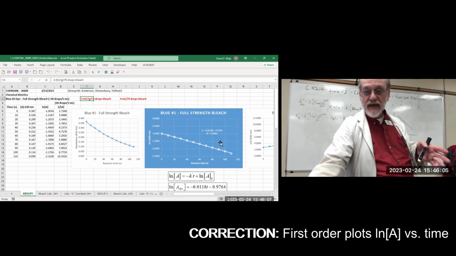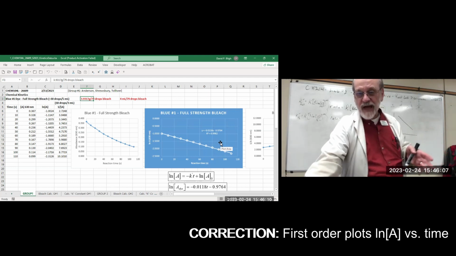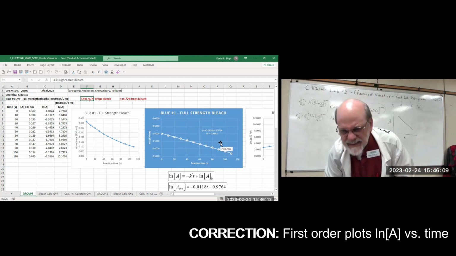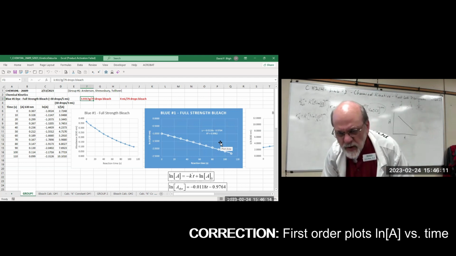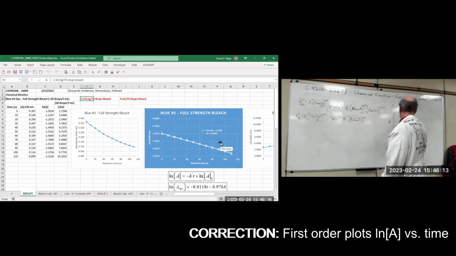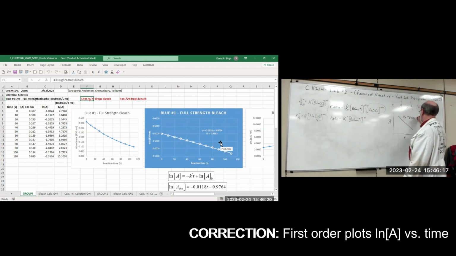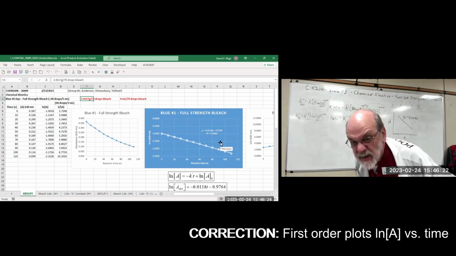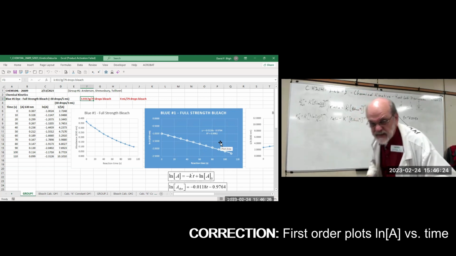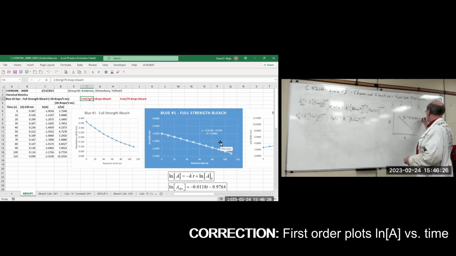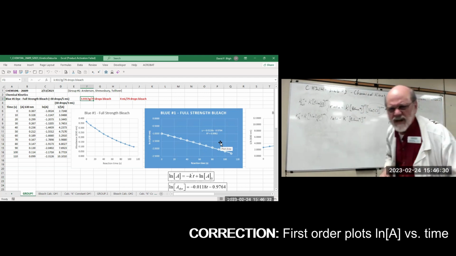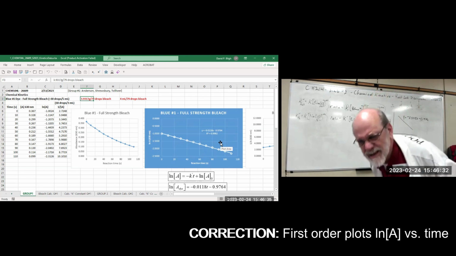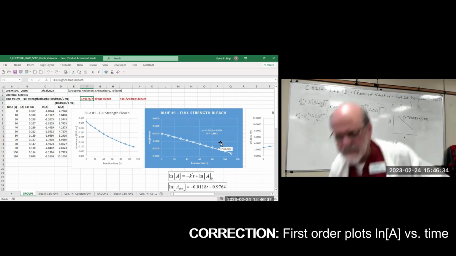If you do that, then you got that plot there, and this one is minus 0.0118x. And then the intercept is, say, minus 0.976. Is that a minus? Yeah, it's a minus.